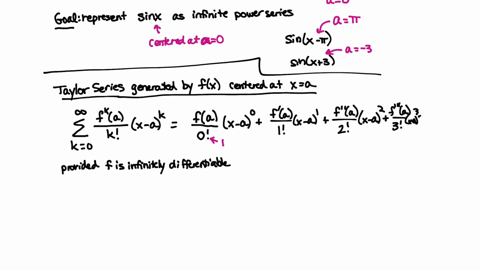So there are 3 pieces to this formula that we're going to focus on. This piece here, which are derivatives. And then we plug in the value a, our center point. The next piece we're going to focus on are our factorials. That piece also always comes into play.